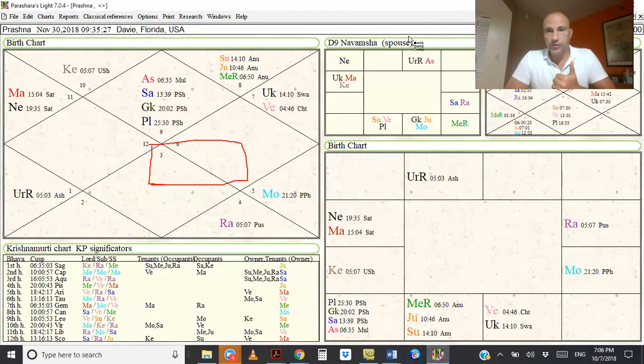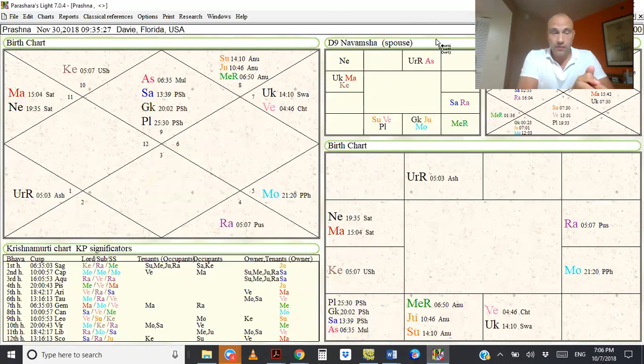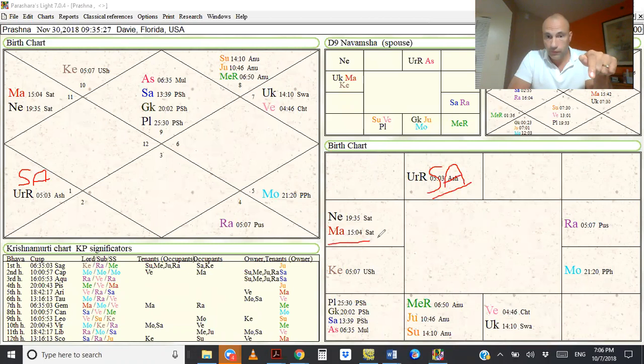Look at the fifth house. Look at any planets in the fifth. Out of those, judge which is the strongest. Now, what if there's one planet in the fifth? Let's say Saturn were here in the fifth. Well, now you have a choice between the planet in the fifth and the ruler of the fifth.